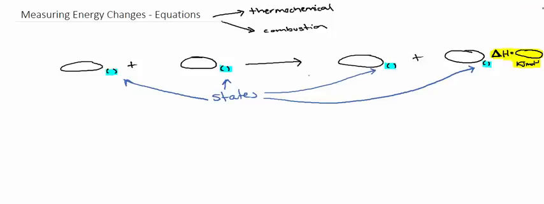So thermochemical equations are pretty straightforward. Just make sure you've got your states with your normally written and balanced chemical equation, and you've got the molar enthalpy in kilojoules per mole displayed on the end.